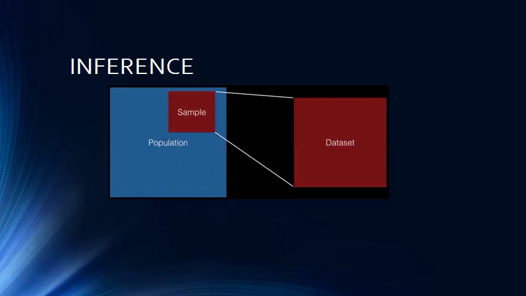Our population is the things we cannot observe. All our data that is out there possible, that is our population, while the actual data that we collect is our sample. Based on our sample, we take our data set.